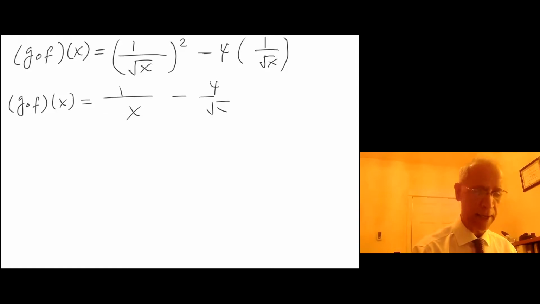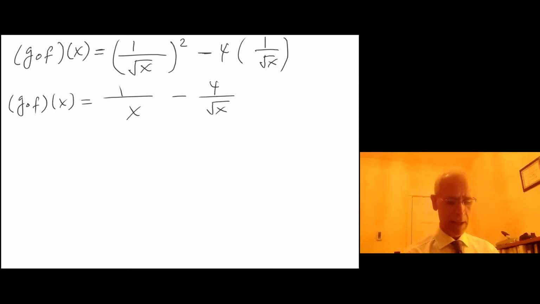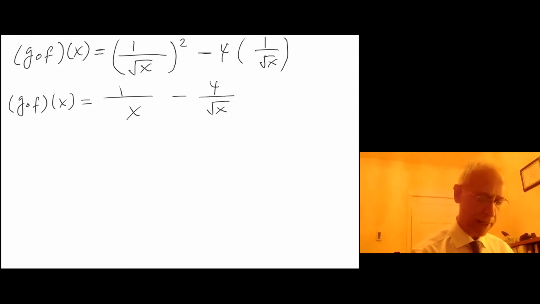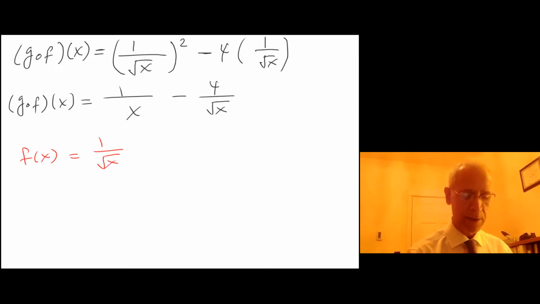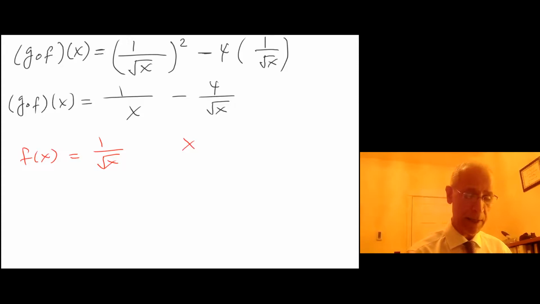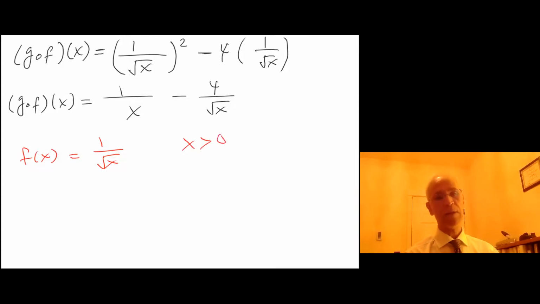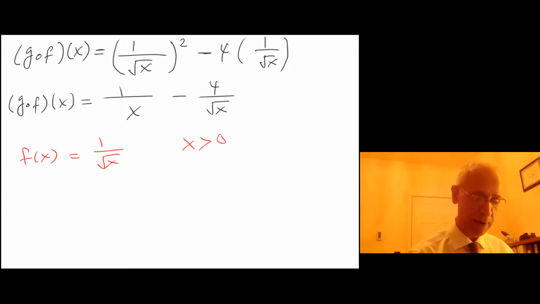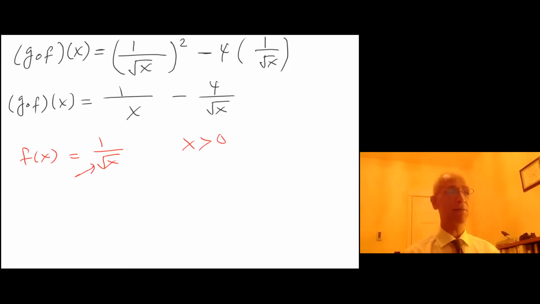So g of f of x equals 1 squared is 1, the square root of x squared is just x, minus 4 times 1 over root x. Remember that for the inner function f of x, in the beginning we said f of x is 1 over square root of x. So x has to be greater than 0 for this to be meaningful, and 0 is not included because I cannot have 0 in the denominator.